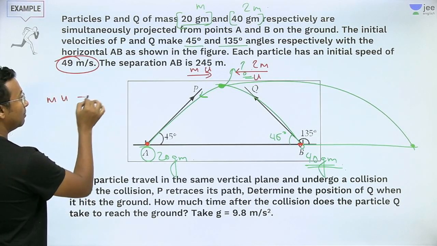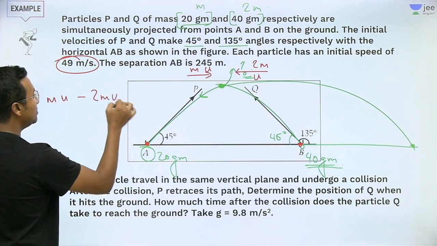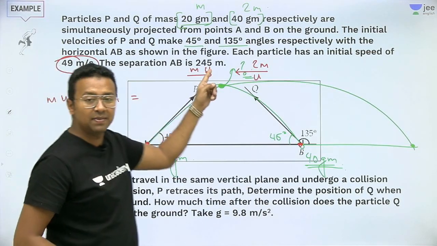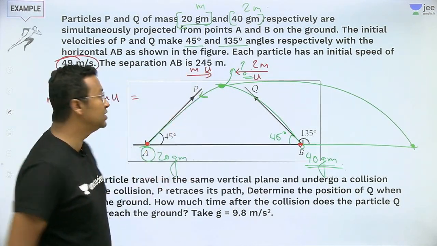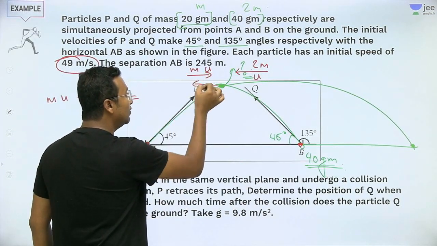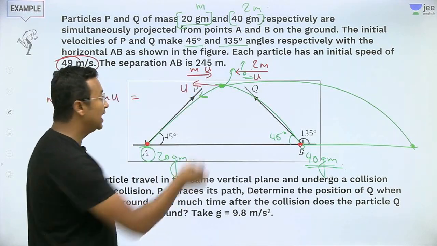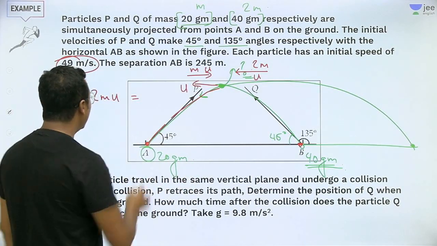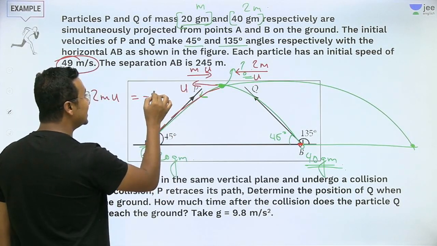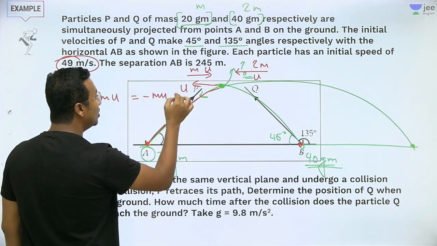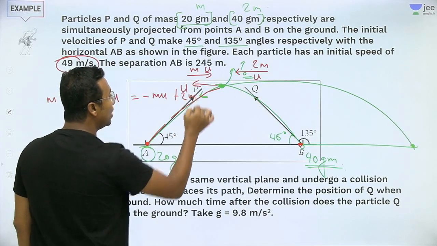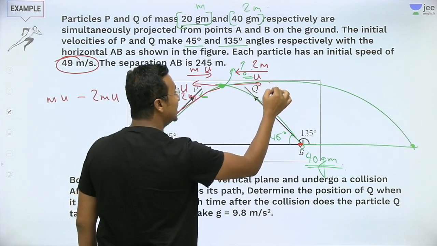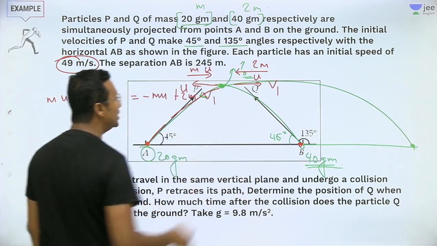Then what is the initial momentum? mu minus 2mu. What will be the final momentum after the collision? Just after the collision, it is going to move in this direction with the same velocity if it has to retrace back its path out here. So final momentum will be minus mu plus 2m into v1, where v1 is the velocity after the collision.